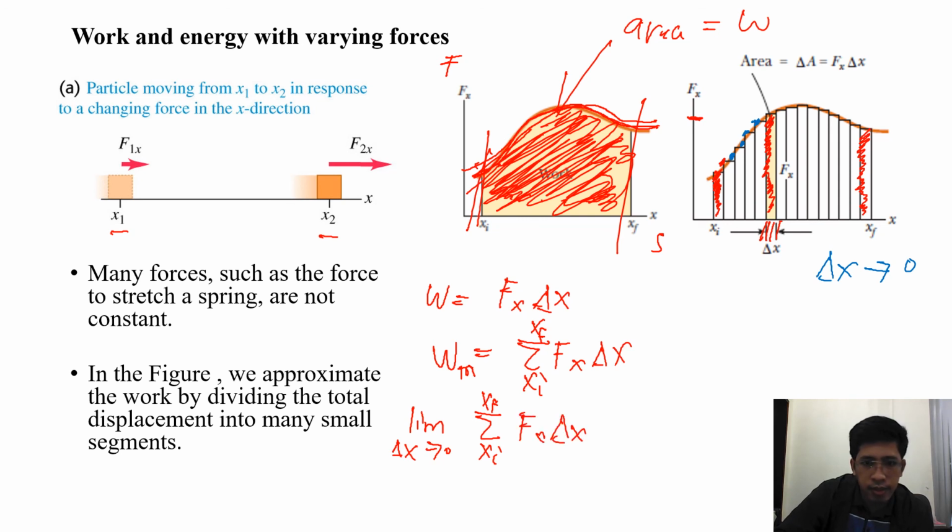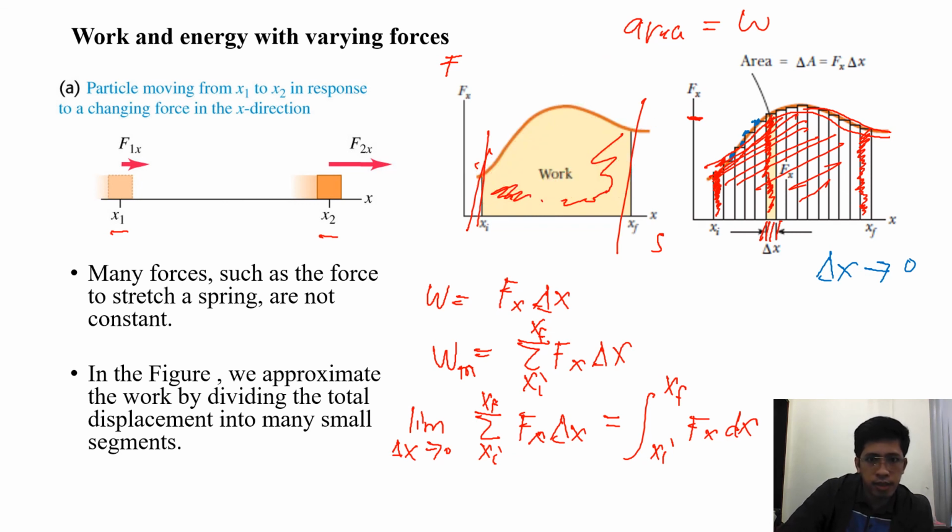Fx delta x, from your calculus, this limit here is actually equal to the integral from xi to xf of your Fx dx. This is your Riemann sum integral. So to get the area under this curve, to get this total area, you can integrate your function Fx, because as you well know in your calculus, this curve here is defined by the function Fx.